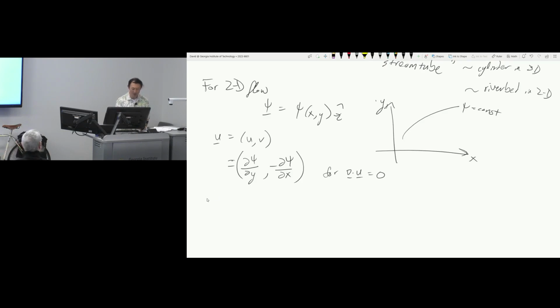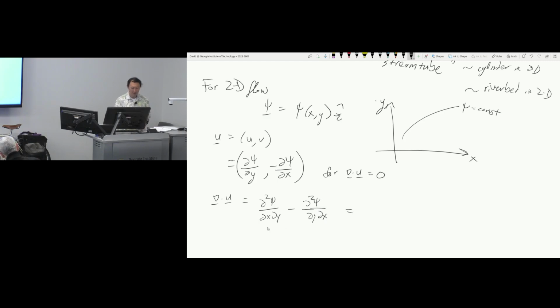And you can imagine why that is. If you take the divergence of u, you can imagine the first component, we get d squared psi dx dy, and then minus the second one, d squared psi dy dx.